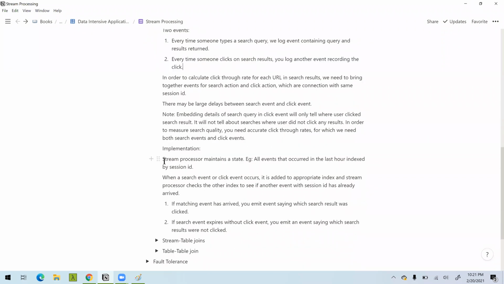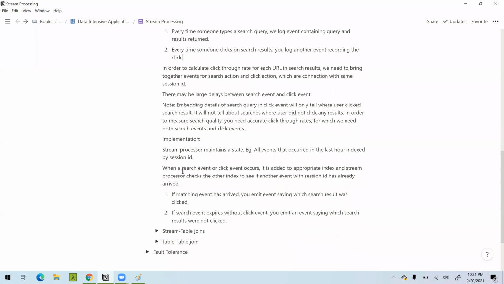The way to do the join is, you will maintain a state. The stream processor will say that I will only keep track of all the events that happened in the last 1 hour. If they are past 1 hour, then I will not track them. So now when a search event is performed, it is added to an index that for this session ID, this search query was performed.